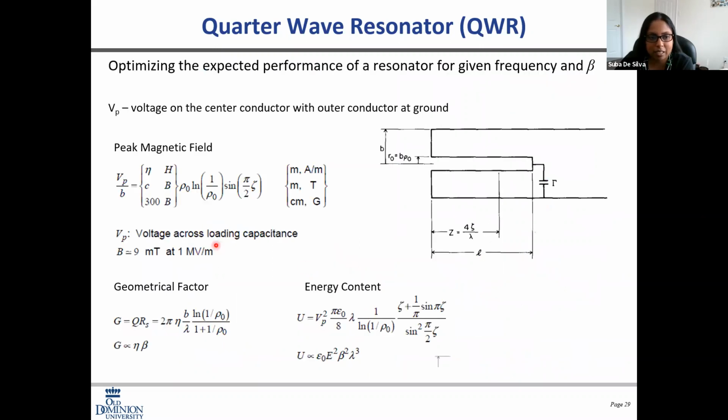I have listed further these parameters where you can get all the cavity parameters, and you can see the geometric factor as a function of beta. So you get a feeling for what kind of beta, what kind of geometric factor, and what kind of energy content you will have.